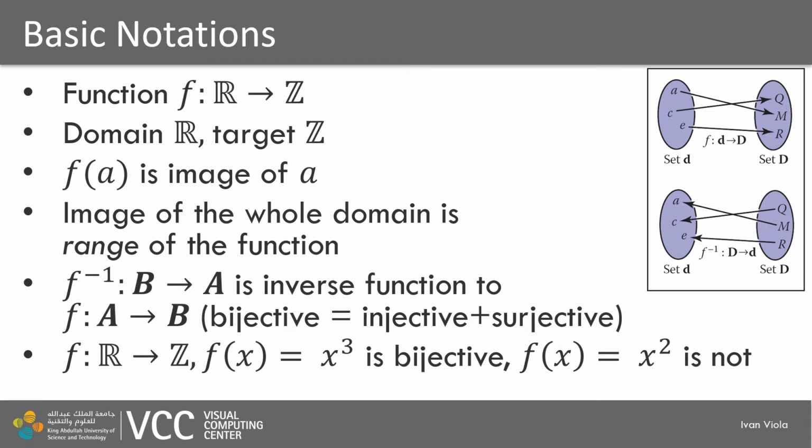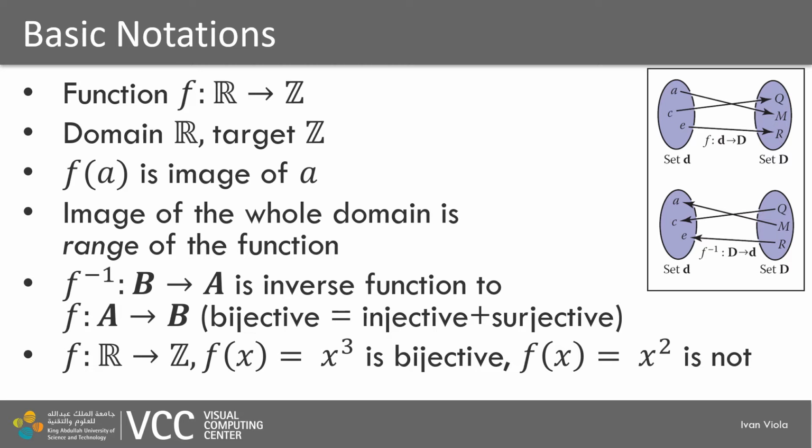So if we have a point A within our domain, its image after applying this mapping is the function of A, and this is called its image.